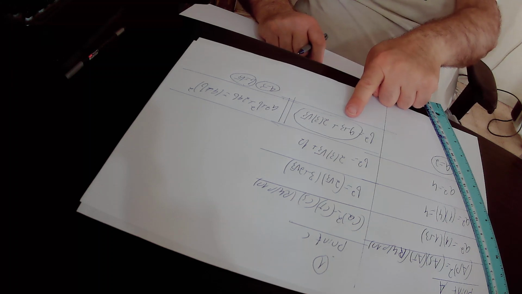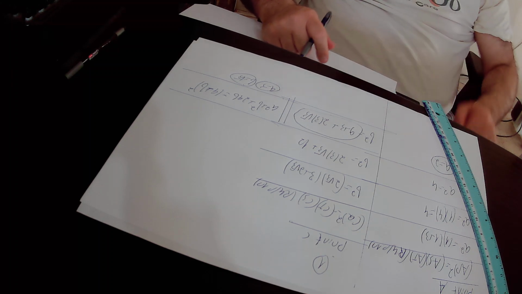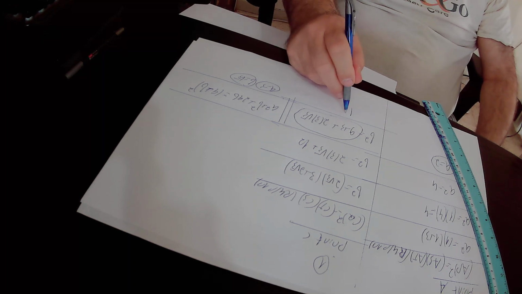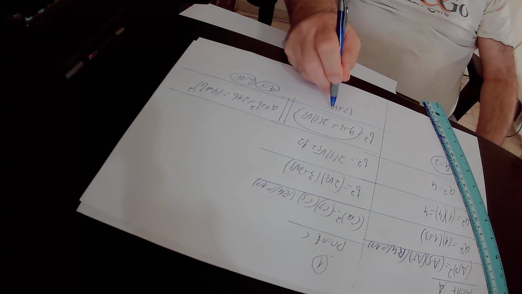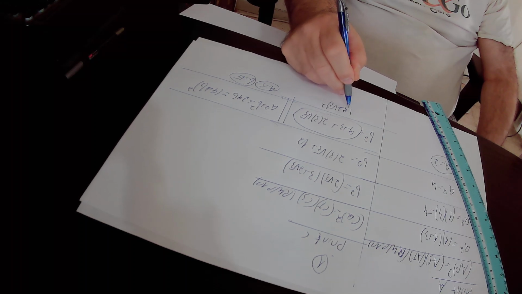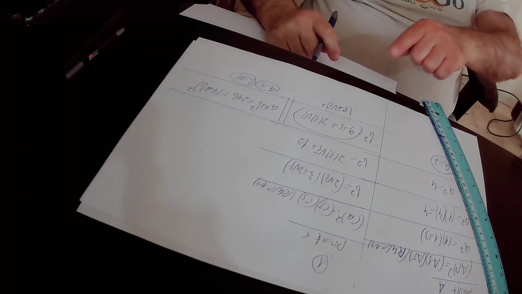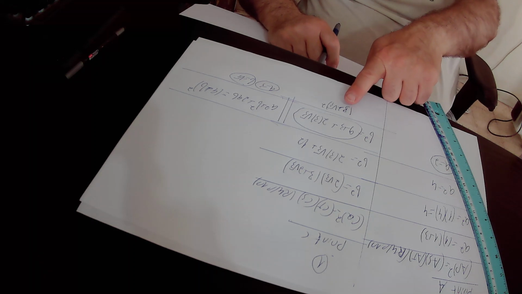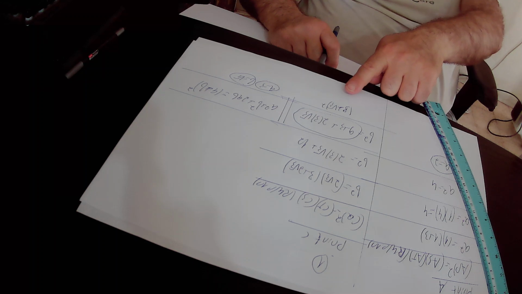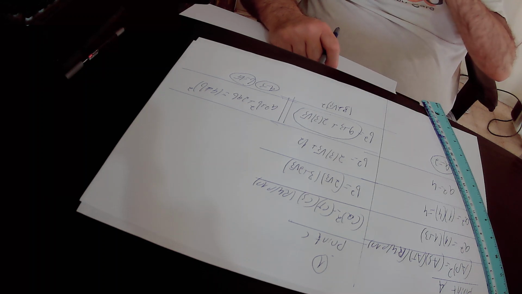That is to say, this expression must be equal to a, that is 3, plus b, that is square root of 3, squared. In conclusion, 9 plus 3 plus 2 times 3 times square root of 3 equals (3 plus square root of 3) squared.